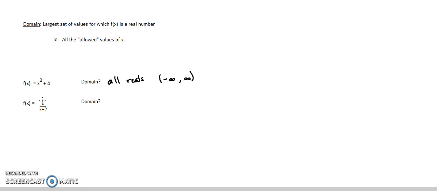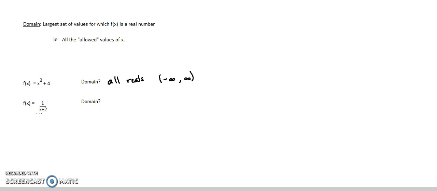All right, let's look at this one. F of x is equal to 1 over x plus 2. What kind of x values can we plug in here? Well, there are a lot of x values that work, but what doesn't work? Where do we have a problem with a fraction? Well, in general, fractions are undefined when it's something over 0. So we have to worry about zeros in the denominator. Now for the ones that we're going to look at first here, you should be able to look at it and figure this out.